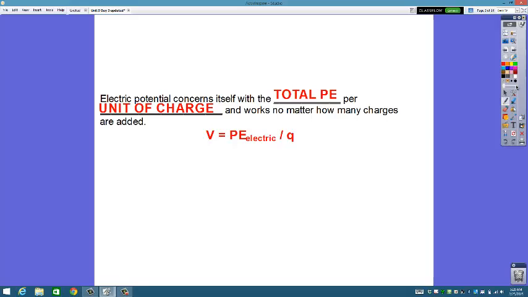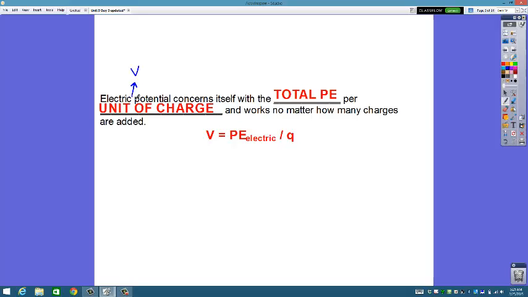So electric potential, which is represented by the letter V, is just an energy per charge. So instead of looking at it in just the terms of like how much energy you have, we have to look at it for a certain amount of charge that we have. So voltage, electric potential, is just a very specific version of energy.